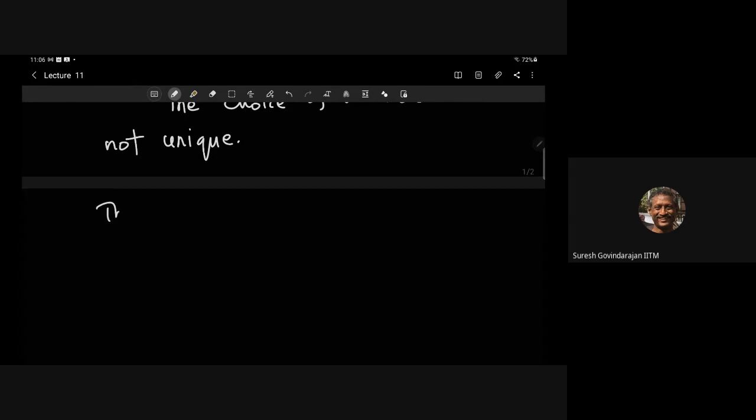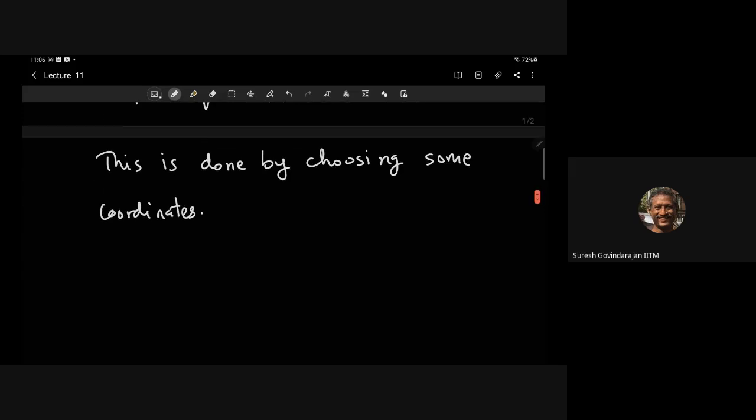Using some coordinates, we'll just call them something. Like I mentioned, we'll call them generalized coordinates because they need not be physical coordinates.